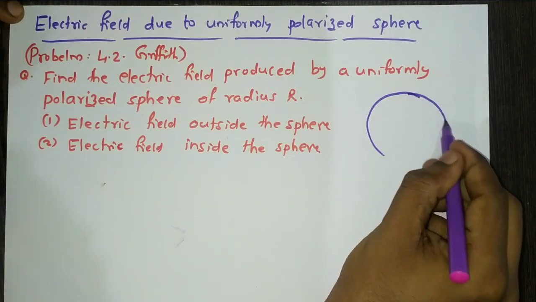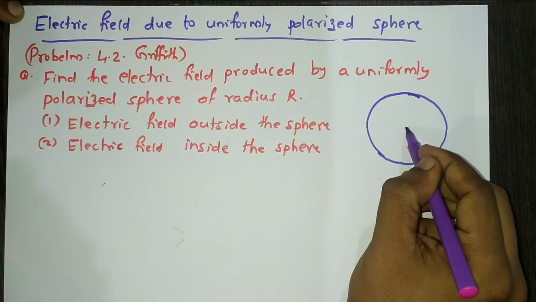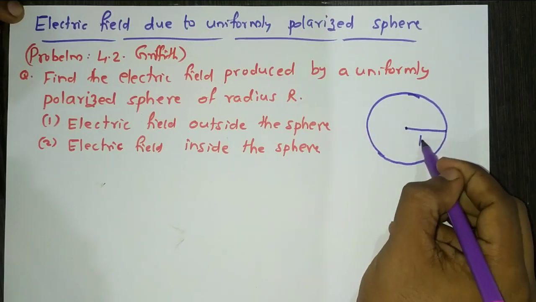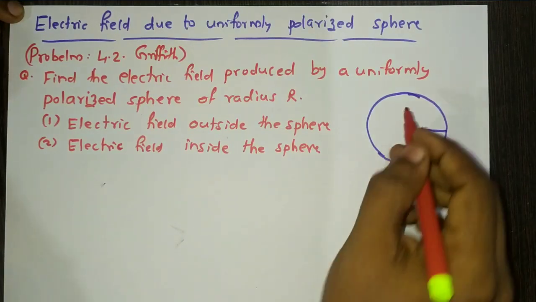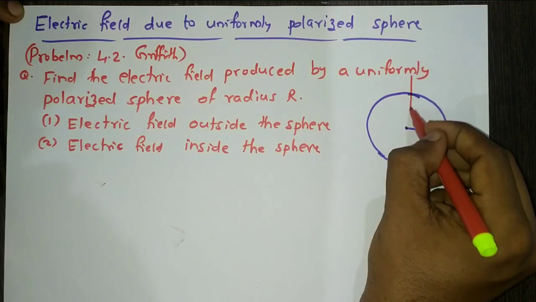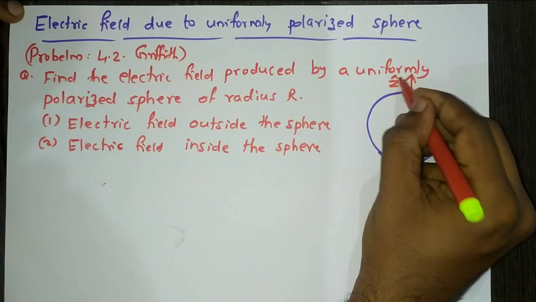Actually, a sphere whose radius is capital R. It is given that it is uniformly polarized. Therefore, this is the direction of the polarization.